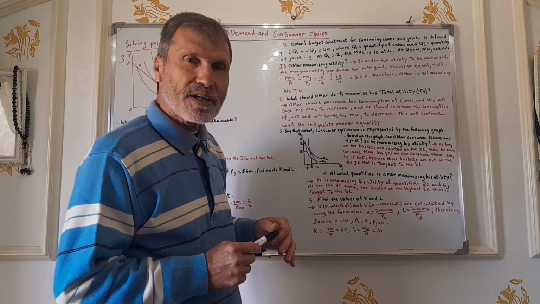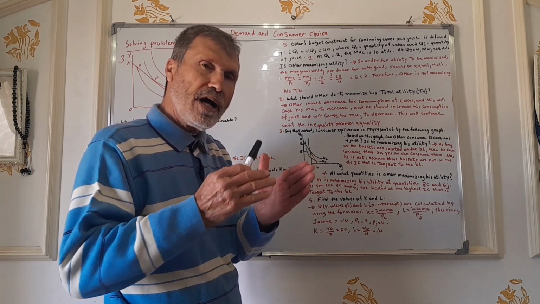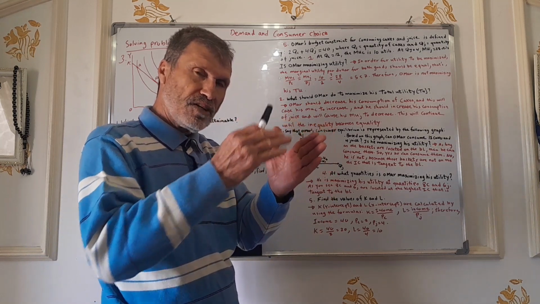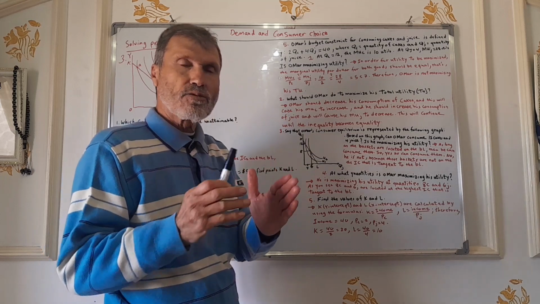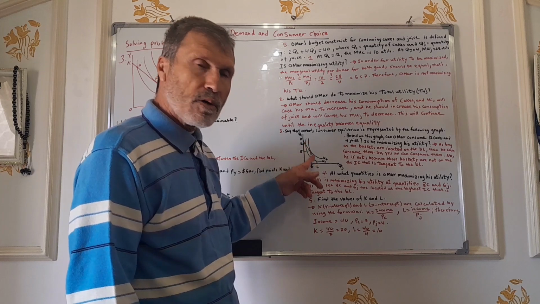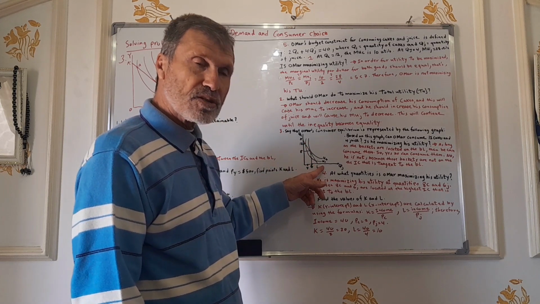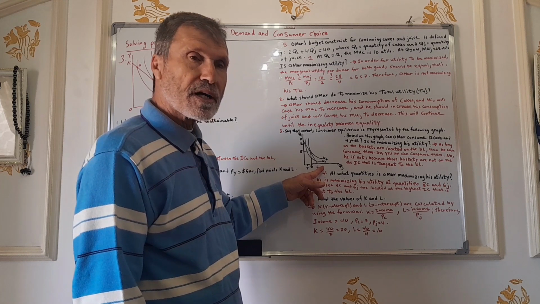To be efficient, they should be located on the highest indifference curve, or on an indifference curve that is tangent to the budget line. Therefore, even though he can consume them, they are not efficient.